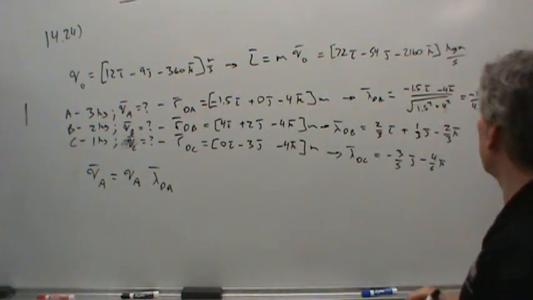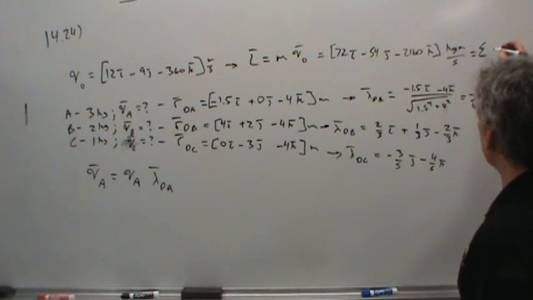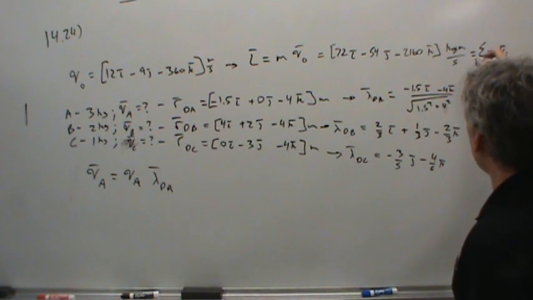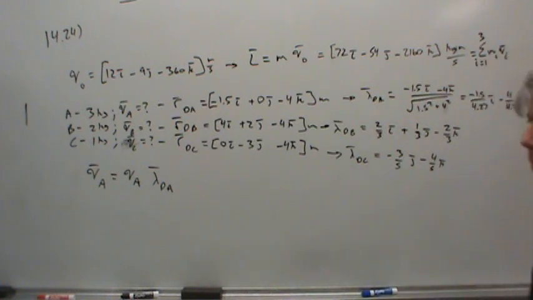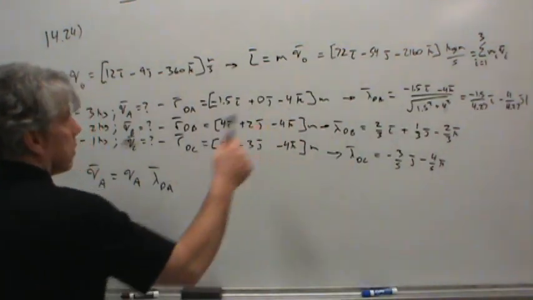What do we know about that linear momentum? Well, we know it must be the sum of the linear momentums after impact. So sum of m sub I, v sub I, from, well, I equal 1 to 3, right? So how could we write that?